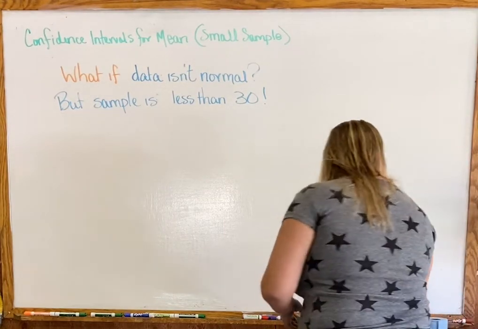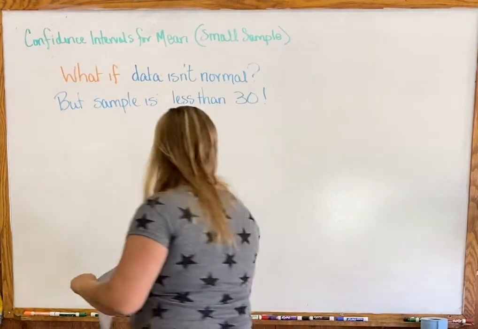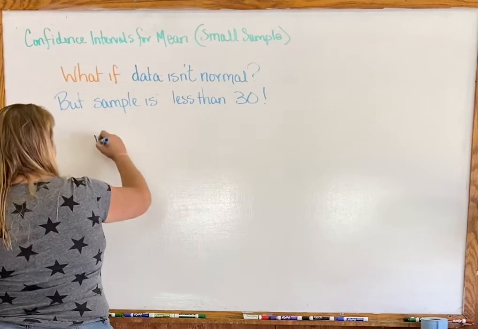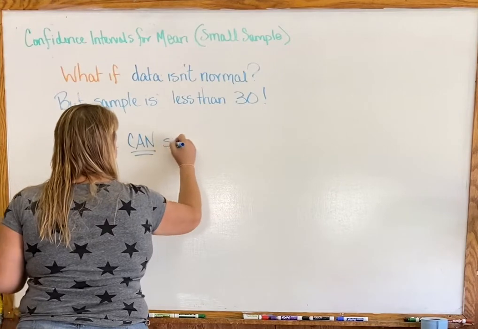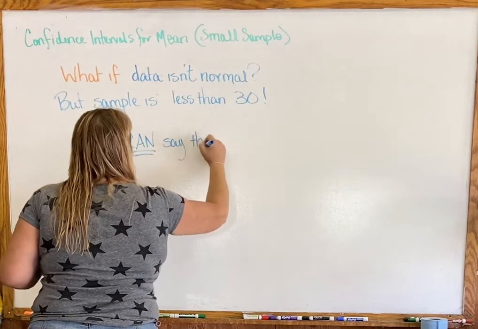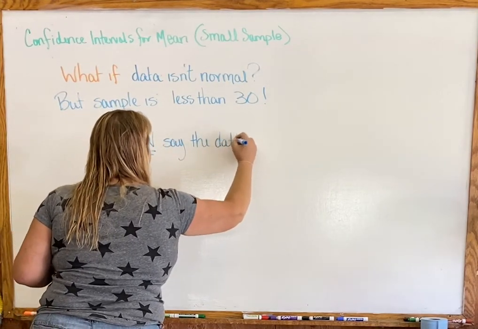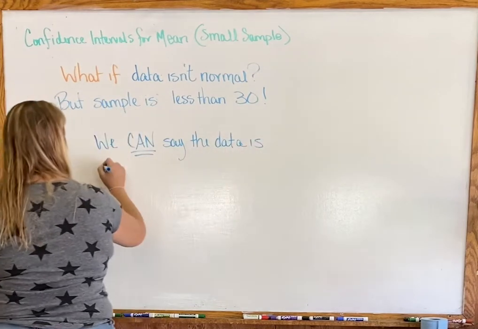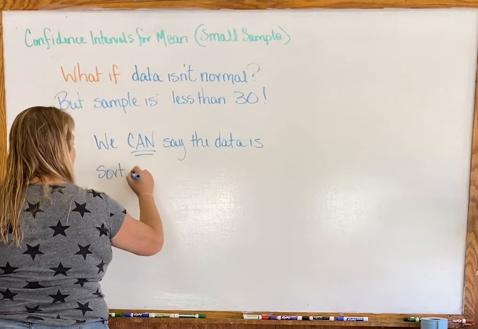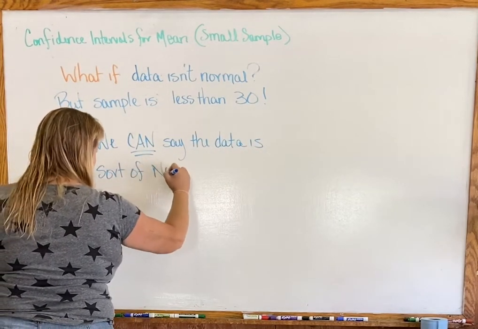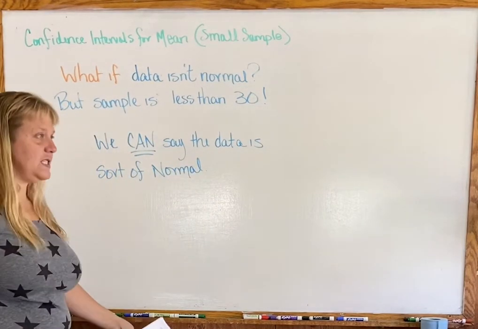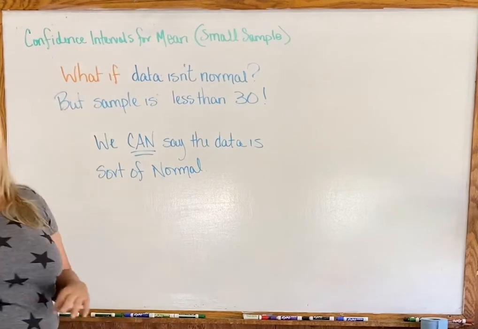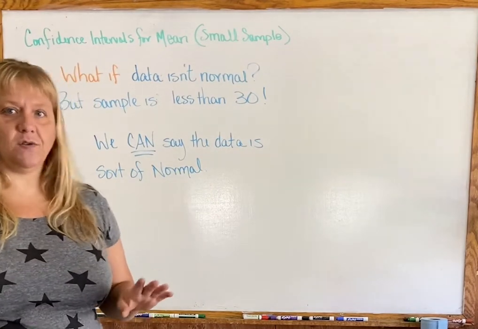So that's what we want to focus on, that we can say the data is sort of normal. Now, just because we say something is sort of normal does not mean we get to use z-scores, okay?